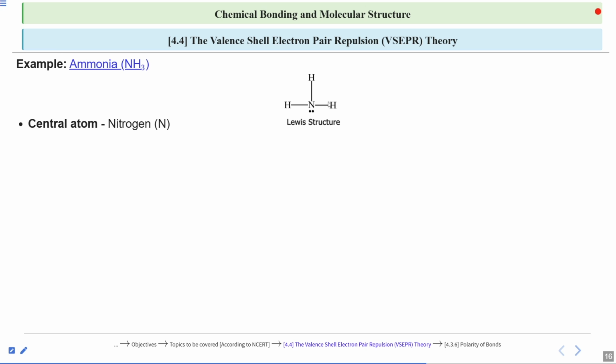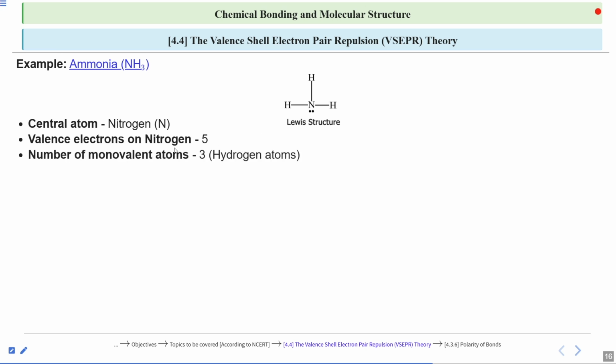The central atom is nitrogen, of course, because hydrogen is the one which is present as the surrounding atom. The valence electron on nitrogen is 5. The number of monovalent atoms would be 3. Therefore, since the charge is 0, we can calculate the steric number as 4 here. Okay. So the steric number is 4.